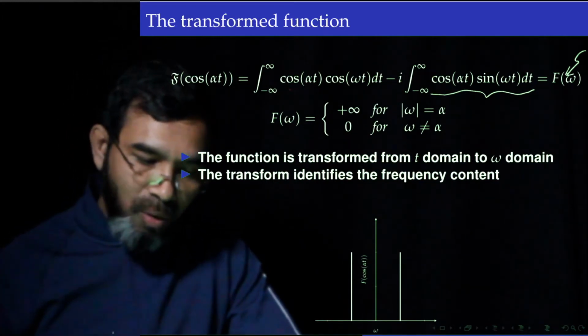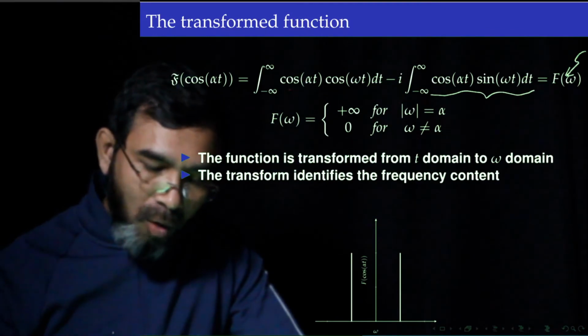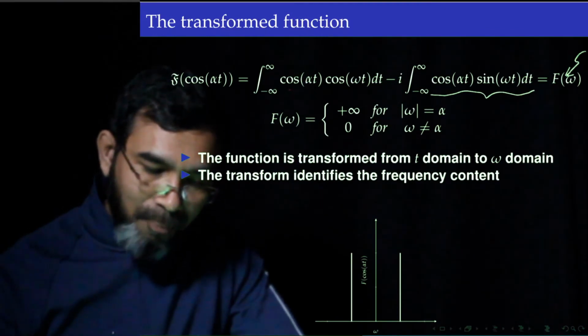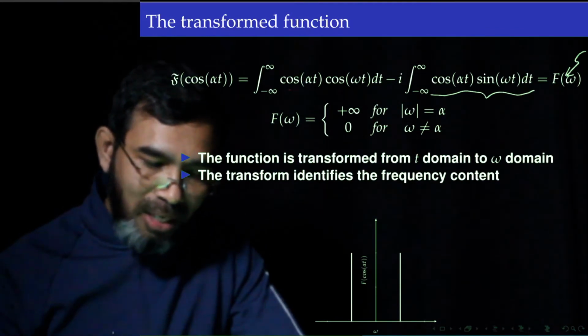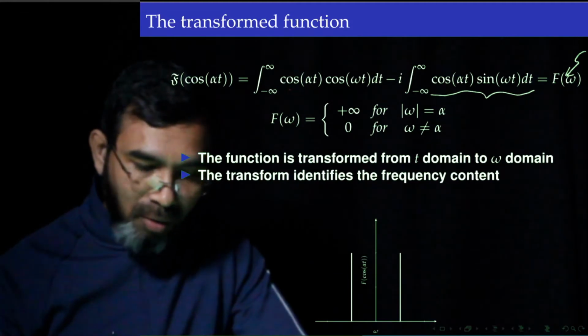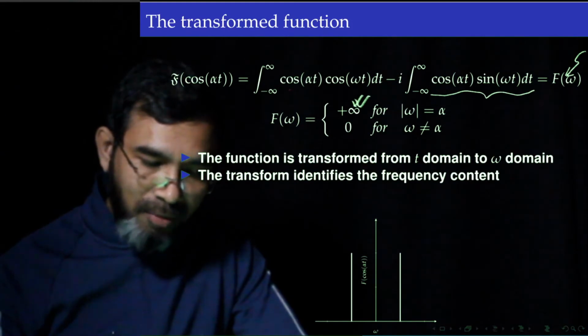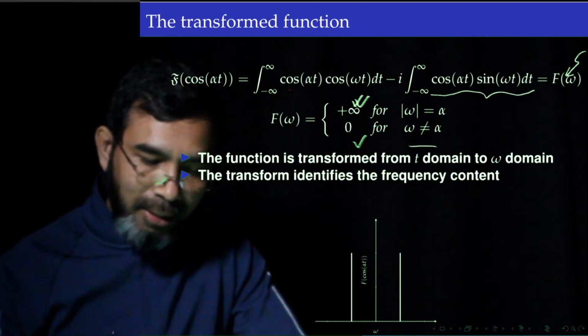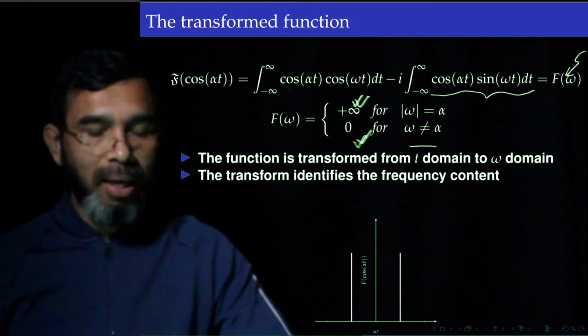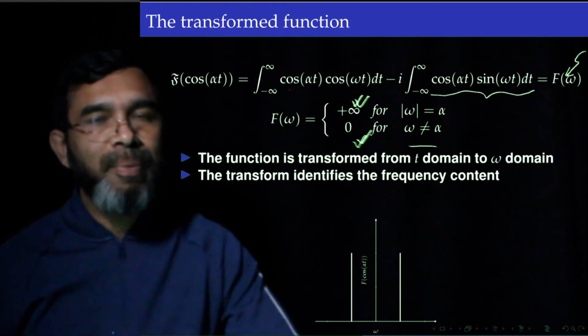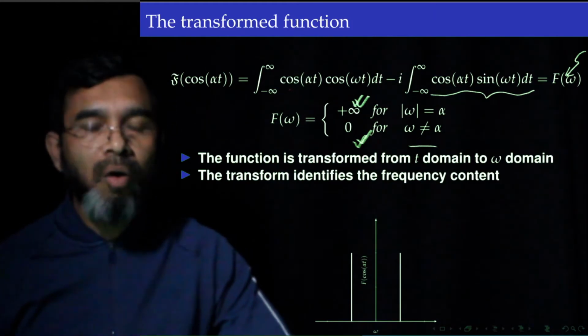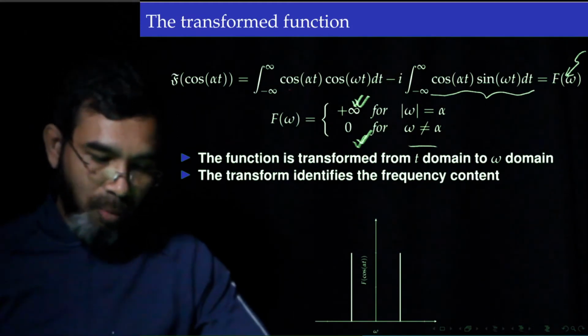And what are the values that you have for omega equals alpha? The first part gives infinity, the other part is always 0. So for omega equals alpha, the function value is infinity. For all other cases, it's 0. Okay, so first of all, it's a transformation, because now the function is in the omega domain, or the frequency domain.